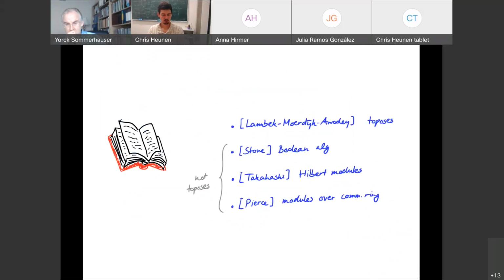So if you work out what the sheaf representation theorem there says, it says that any Boolean algebra is equivalent to a category of global sections of a sheaf of two-valued Boolean algebras. And that's just a fancy way of giving the Stone representation theorem for a Boolean algebra. So this is a nice general theorem that captures lots of settings, is the point.